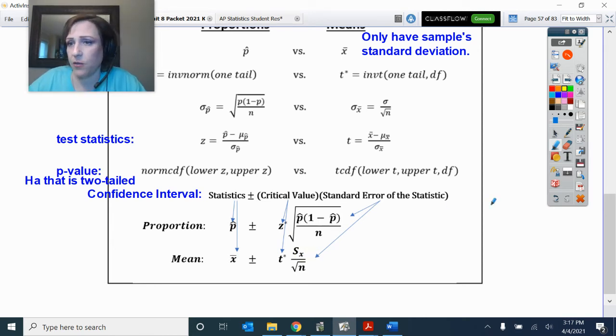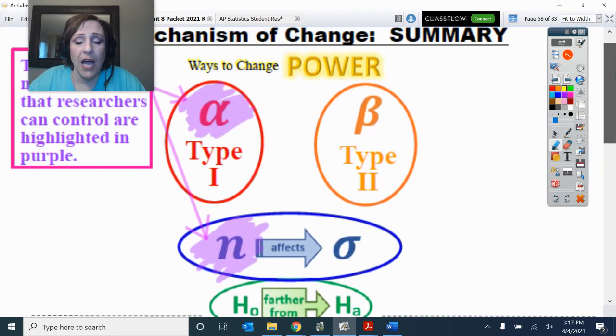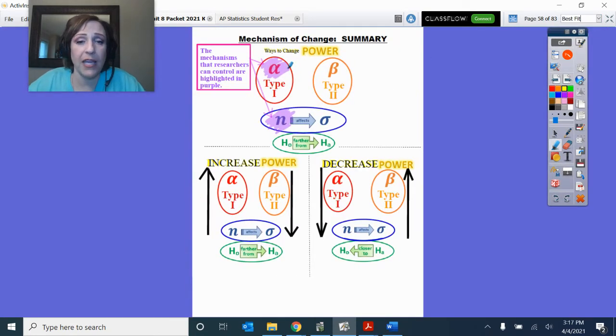Now let's go to the review. Oh, I forgot about this. Your errors. Remember, what I have shaded here in purple are the mechanisms that a researcher has control of. So keep that in mind, because I noticed on the recent quiz we had, some people wanted to say that if they change n, that will change the probability of type 1 error.